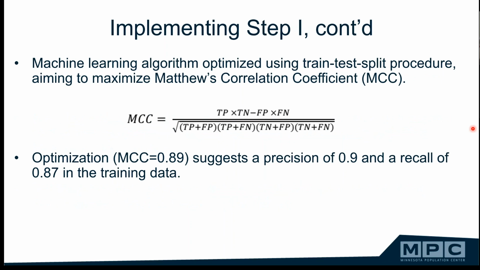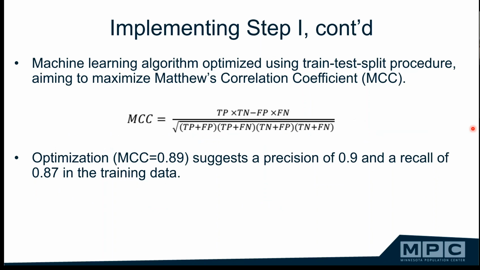We train the algorithm using a train-test split procedure, which is essentially that you're splitting the training data in half, training your algorithm on one half, predicting based on the other half, and using various thresholds for what constitutes a good enough match and how much better than the next best it needs to be.